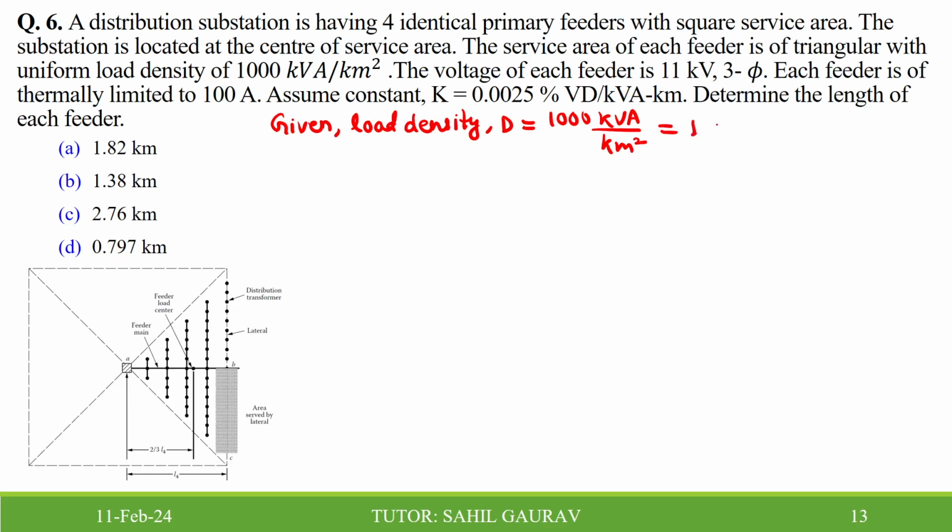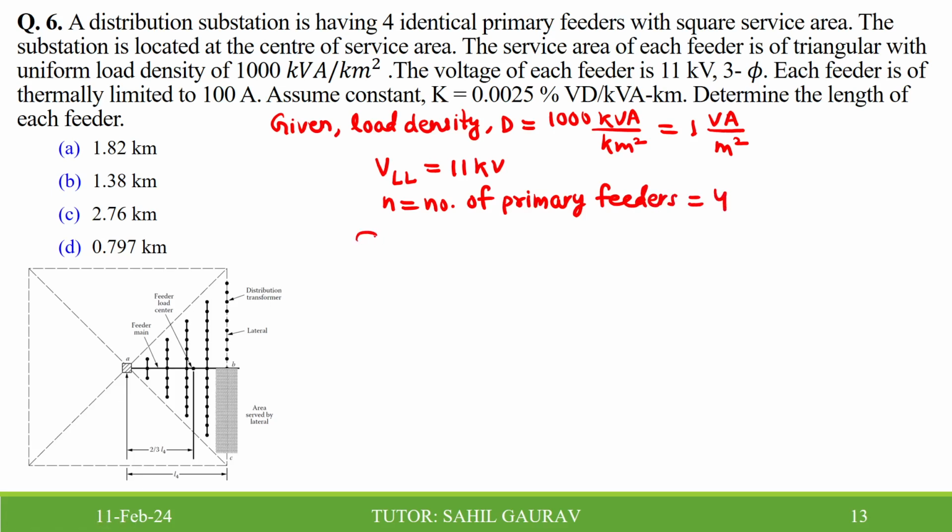So that means 1 VA per meter square. So VLL will be the line to line voltage given as 11 kV, and the number of primary feeders is given by 4. And this feeder is thermally limited.